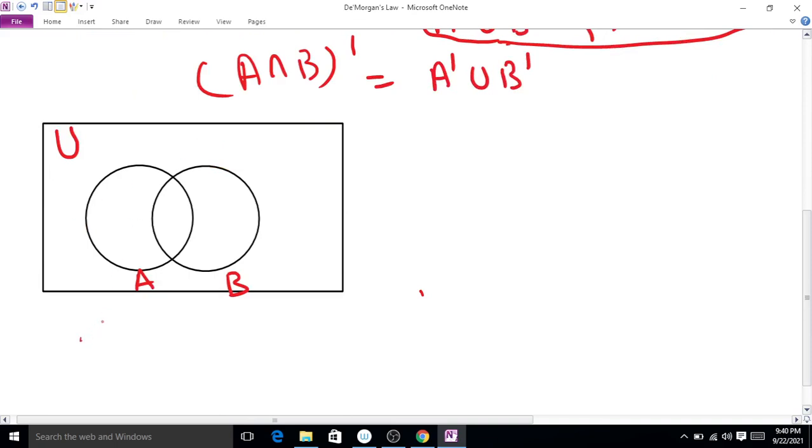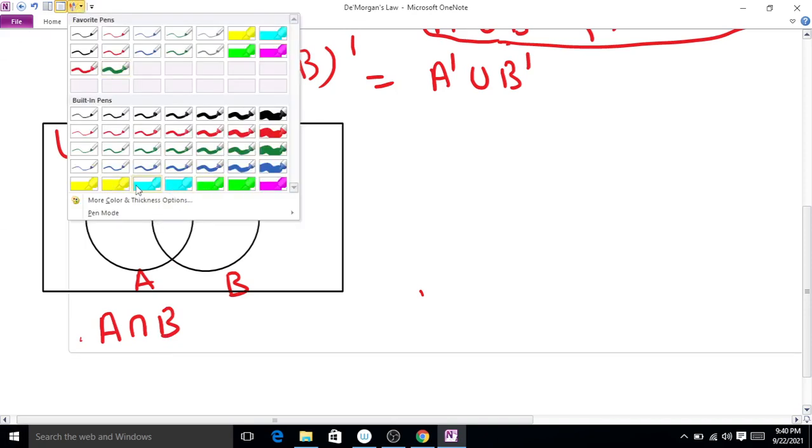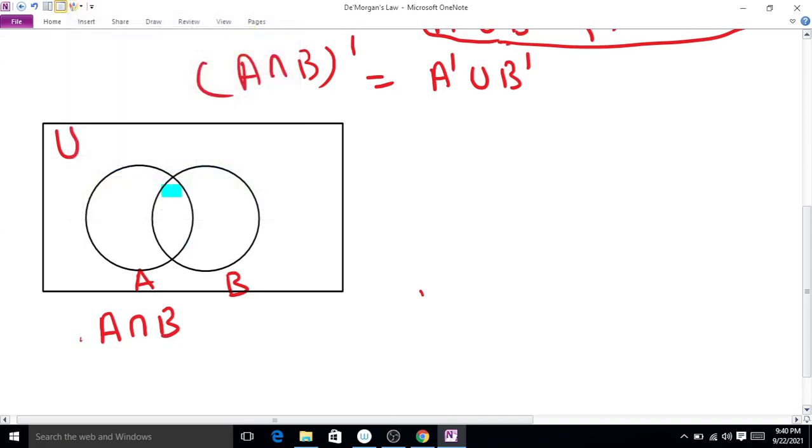So first we want to determine A intersection B. So this part is A intersection B.